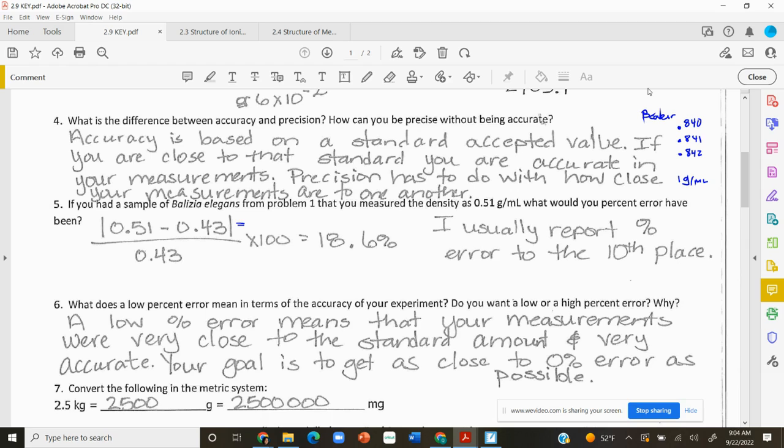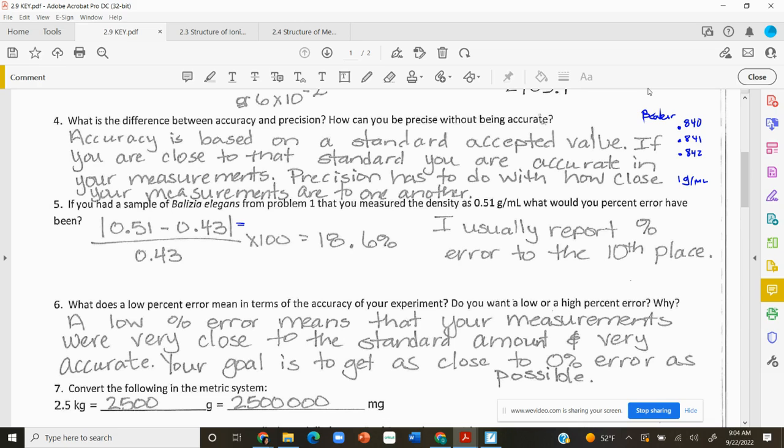So in this packet, it says to do accepted minus measured over accepted, but then the key said to do measured minus accepted over accepted. It doesn't matter because it's absolute value. So you're still going to get the same top number. So if you do 0.51 minus 0.43, that's 0.08.